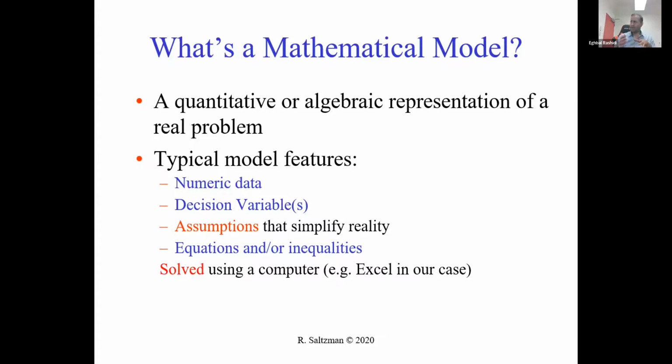And after we have this model, there has to be a scientific mathematical approach to solve it. Luckily, we have a lot of different software that can solve these problems. For example, Excel has that capability, and also for optimization, it has a Solver which we can use to solve these models that we're gonna build in Excel.